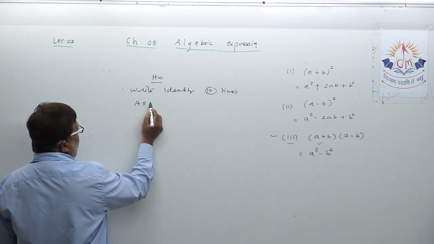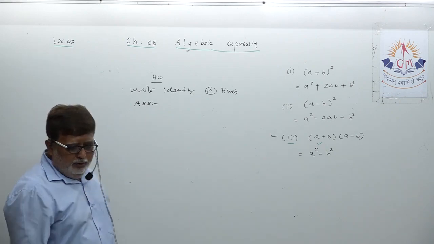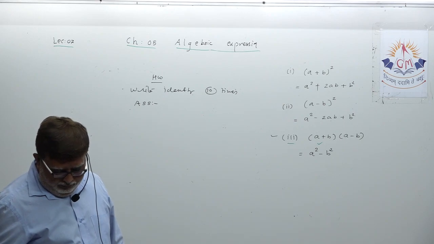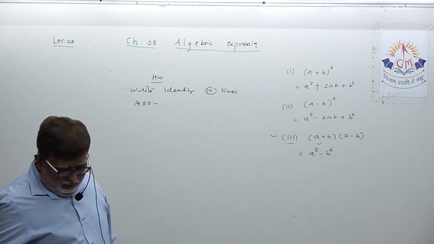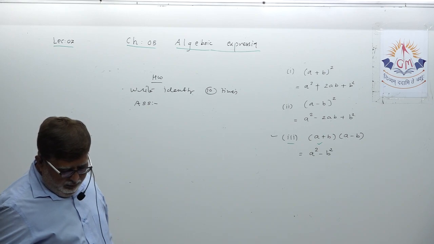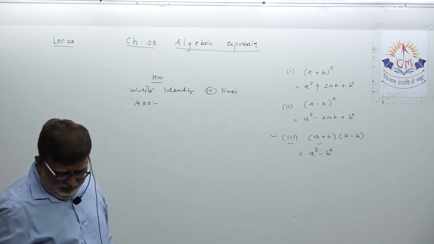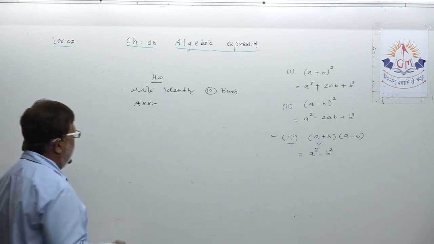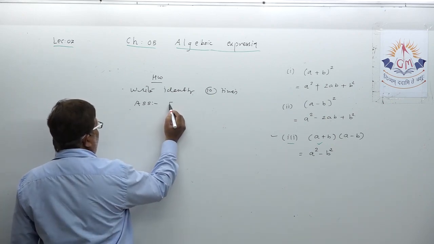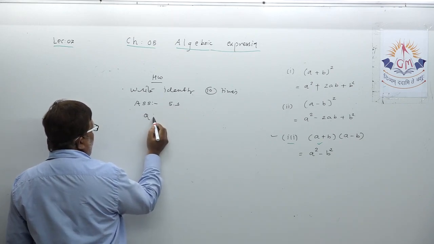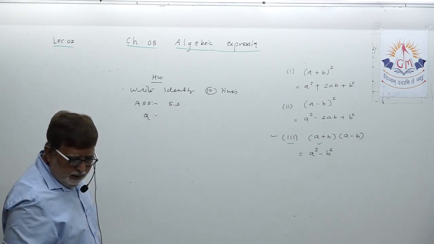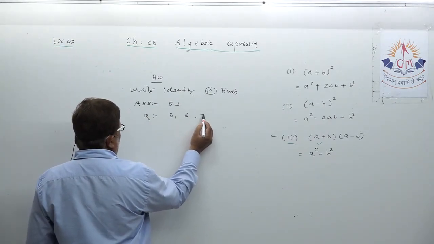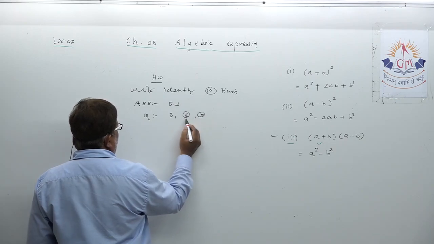And then from your assignment 5.3, first I would like to give you, okay, from assignment 5.3, question numbers 5, 6 and 7. 5 complete, and in 6 and 7 the remaining.